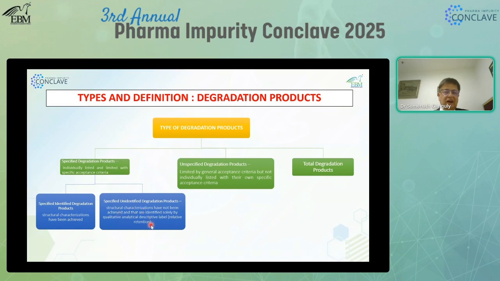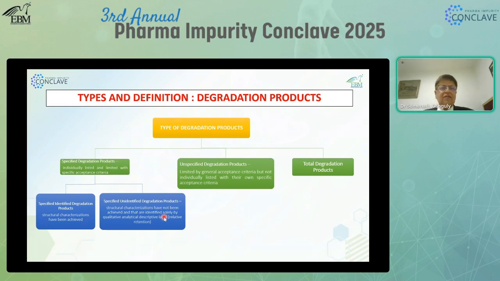And when it is unidentified, we do not have much idea of the impurity structure, but we are mainly going by some RRT. Suppose in a chromatogram it could coelute with some known impurity, but it is mainly identified by RRT, or by using LCMS you can determine the molecular weight.